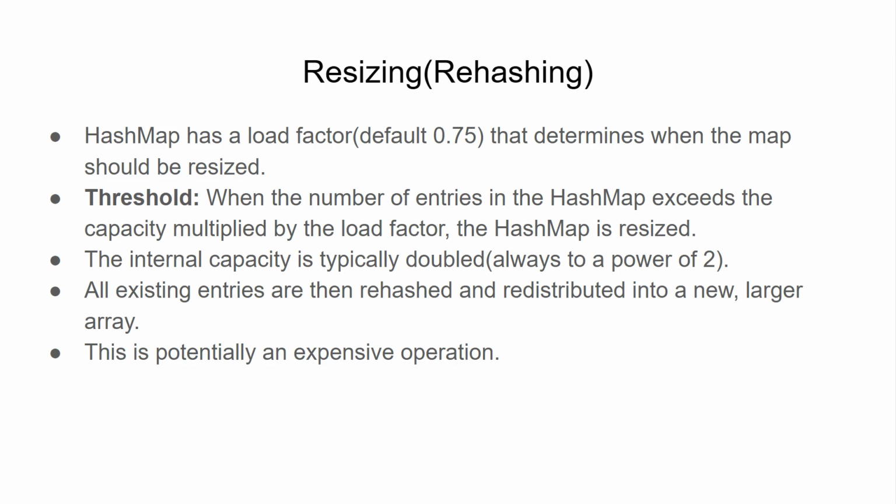So if you have an array of size 16, it will be multiplied by 2, and the size will be 32, and all the entries will be then rehashed and redistributed into a new larger array. Okay, and this is potentially an expensive operation.